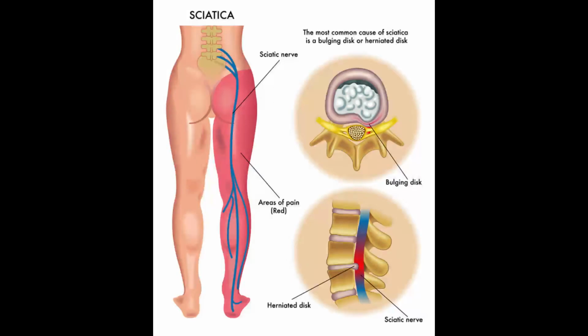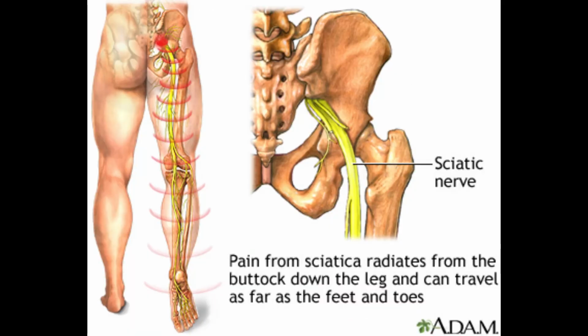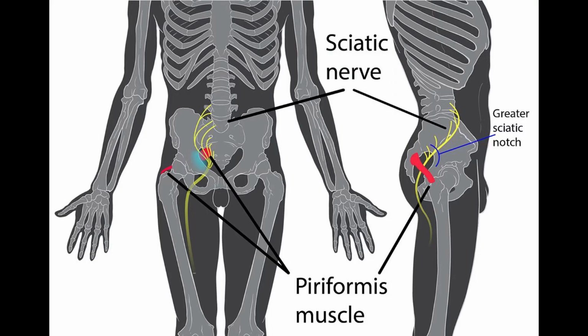This is fairly common in clinical practice. Pain from sciatica radiates from the buttocks down to the leg and can travel as far as the feet and toes. Another condition is due to the piriformis muscle.